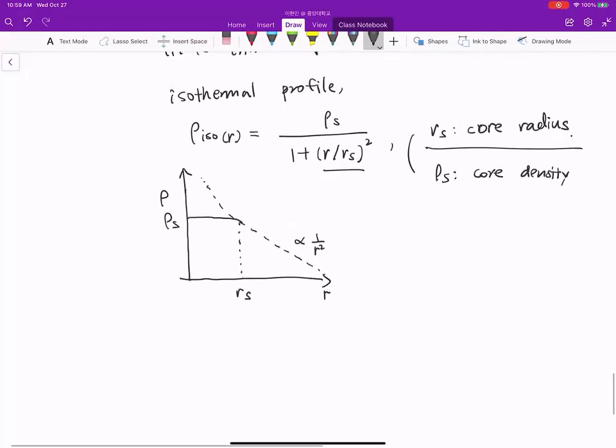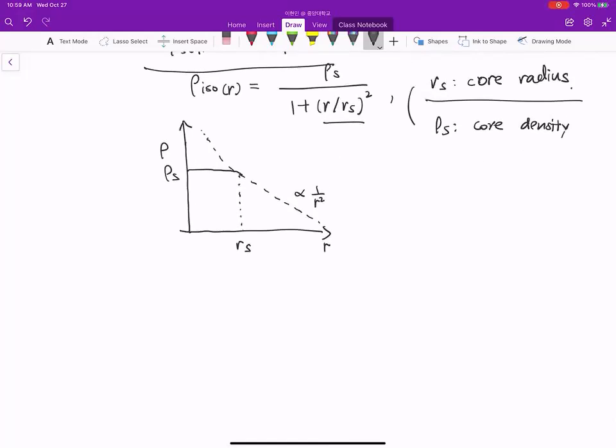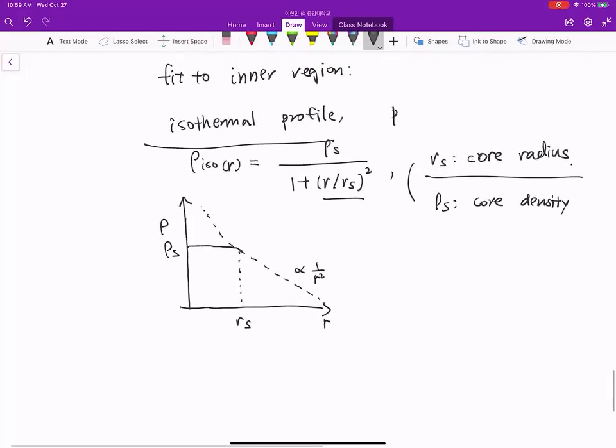But this is not the only dark matter profile, because as I said, this is phenomenological, right? Isothermal might imply a kind of constant temperature, thermal equilibrium.